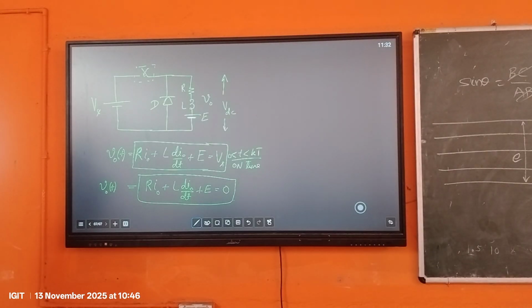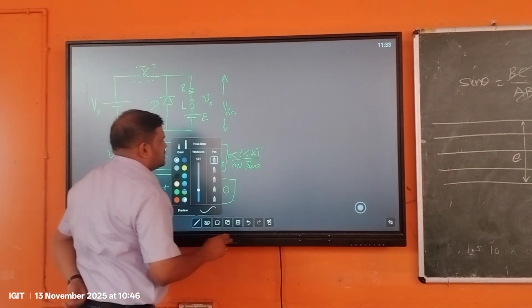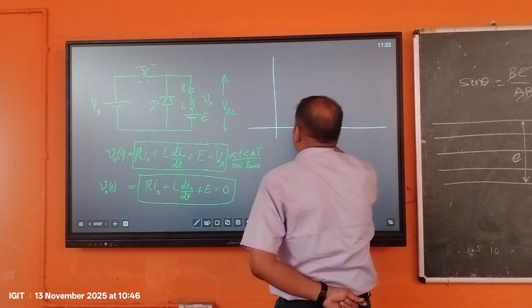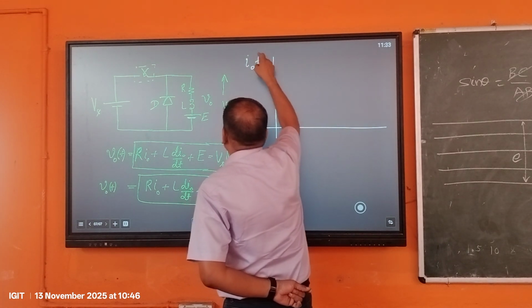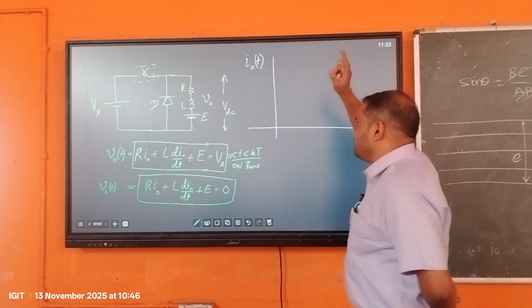Before going to the derivation, let us understand what the objective is, why we are doing all this exercise. Let us see what the output graph will look like. Let us say I0 versus t. How will the output current look, and what will the output voltage be?